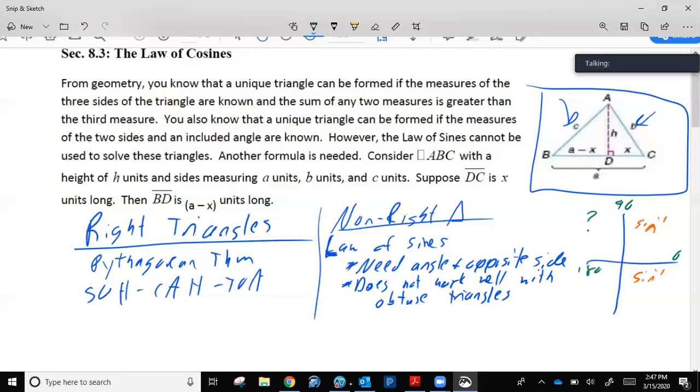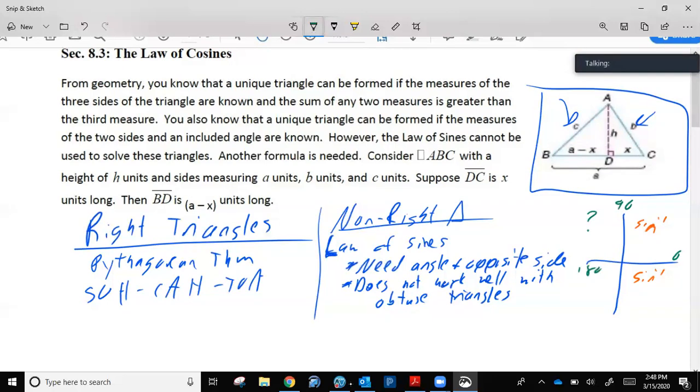Quadrant 2 is not going to happen. An obtuse angle, an angle bigger than 90 degrees, does not appear when you use an inverse sine function. Therefore, the law of sines is not going to help us figure out obtuse angles and obtuse triangles. It will only tell you acute angles between 0 and 90, or quadrant 4 angles, which don't exist in a triangle.